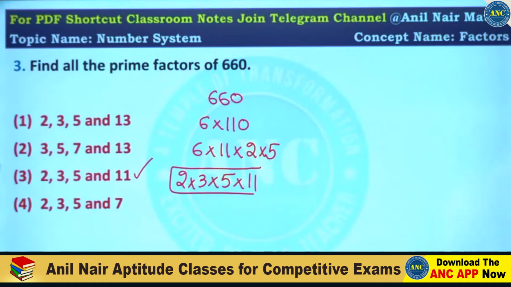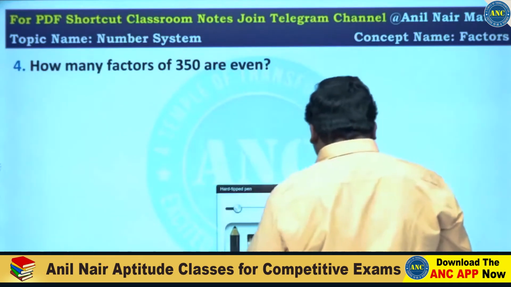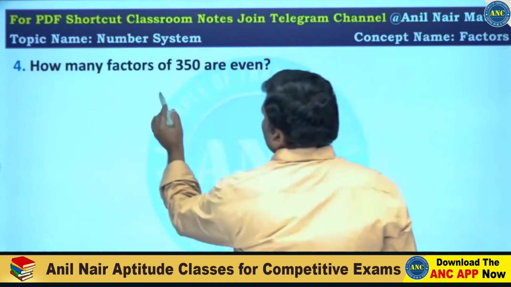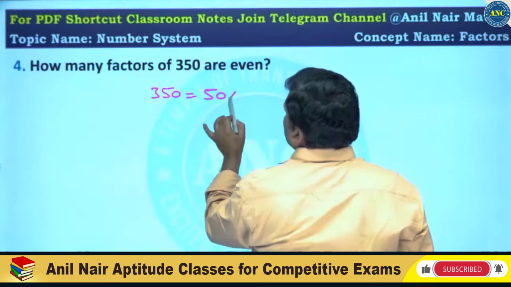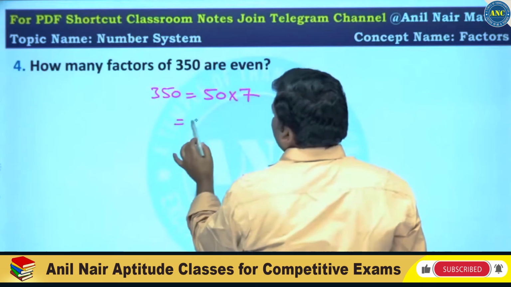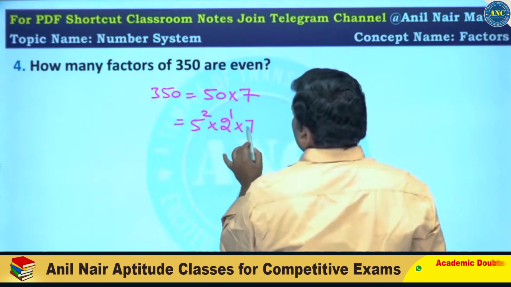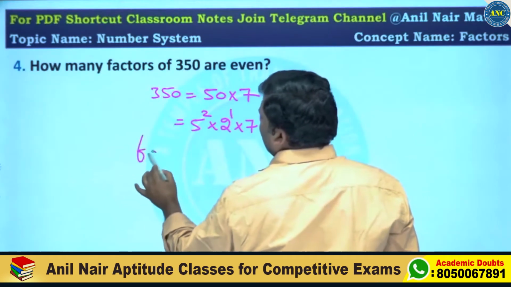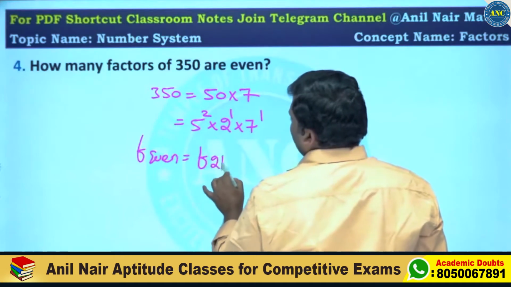Third question, easy. Whatever we discussed: how many factors of 350 are even? 350 is a composite number. It is 50 into 7. 50 is 5 square into 2 power 1, into 7. Any factor which is an even number is divisible by 2.